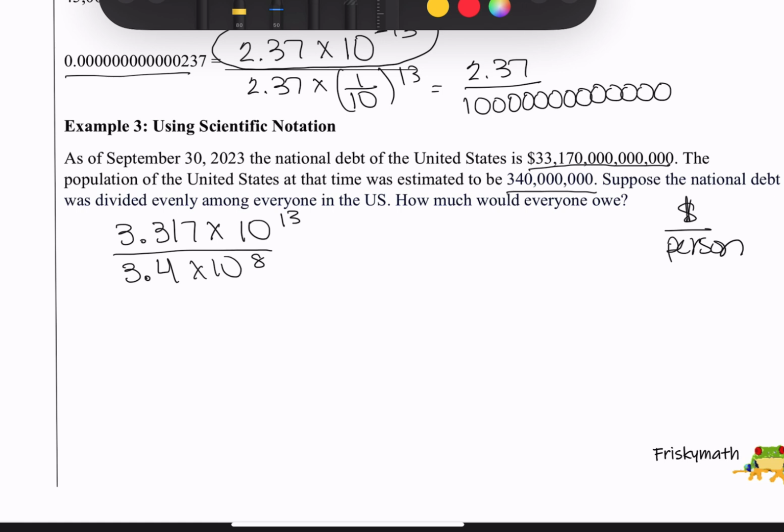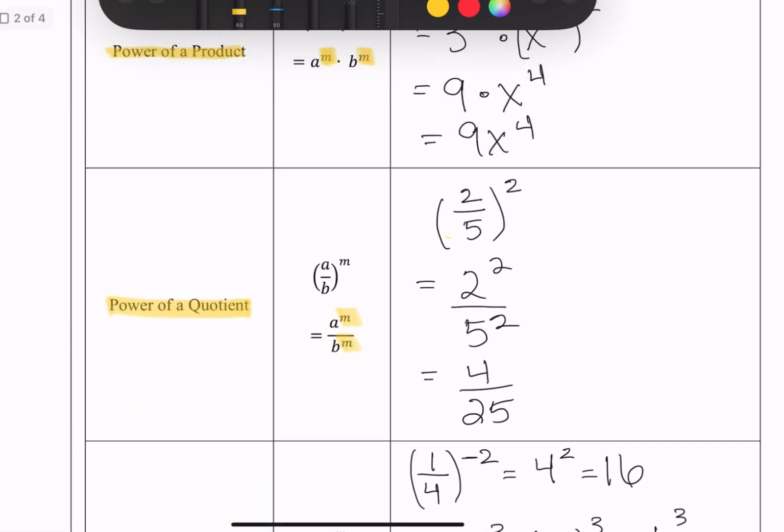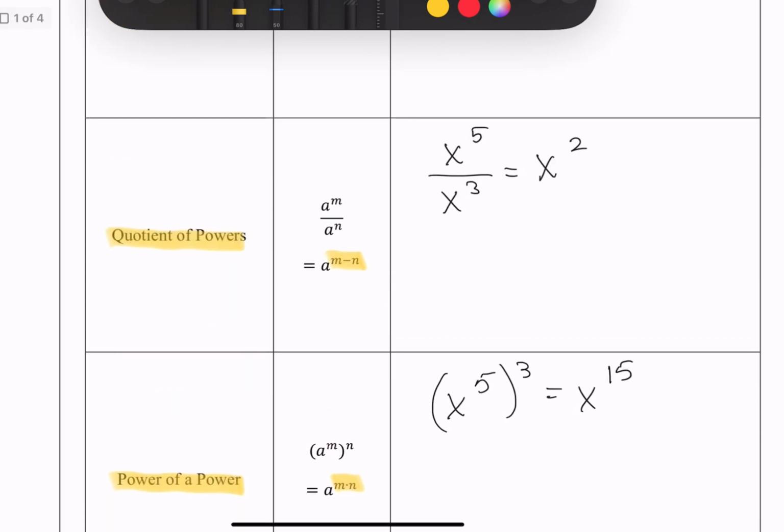Using one of my properties of exponents here, it looks like I have like bases. Those tens are exactly the same, and then they have different powers. So looks like I'm going to use the quotient of powers property. Just to remind you guys, quotient of powers, right? Same bases, you're going to subtract the exponents.